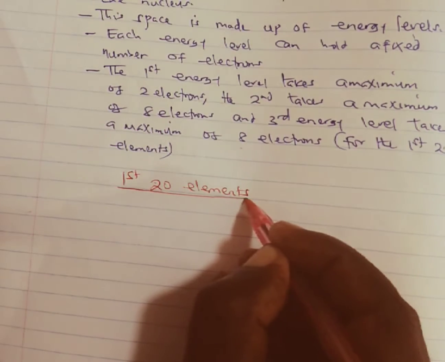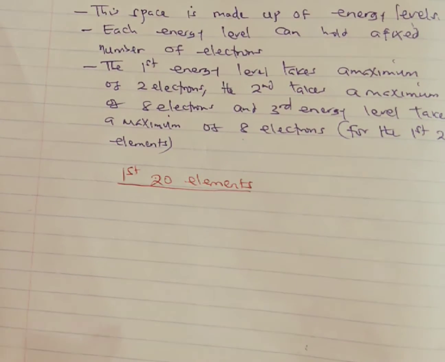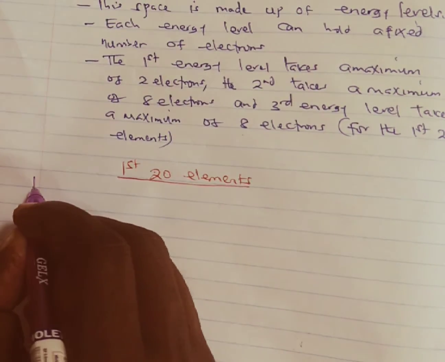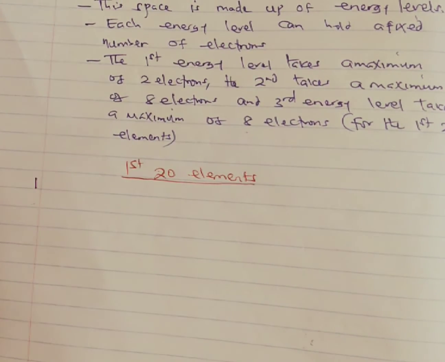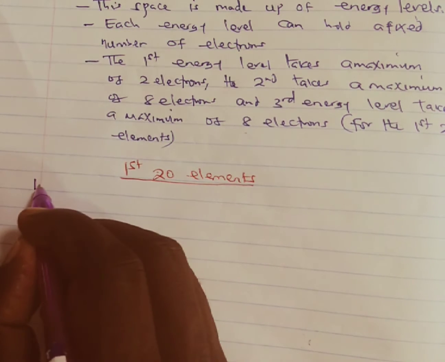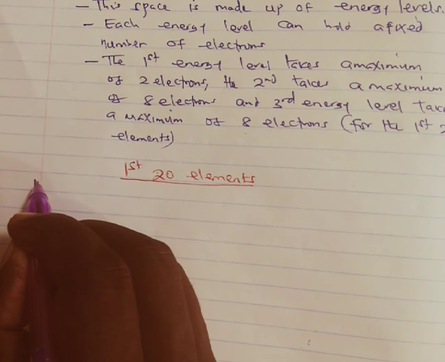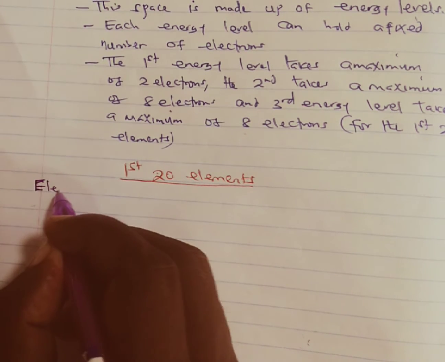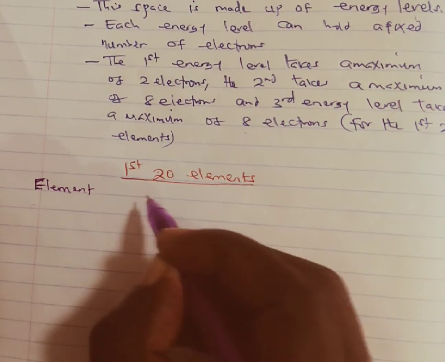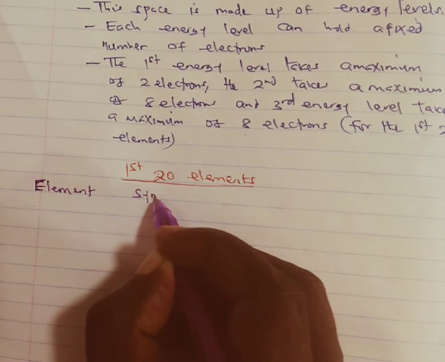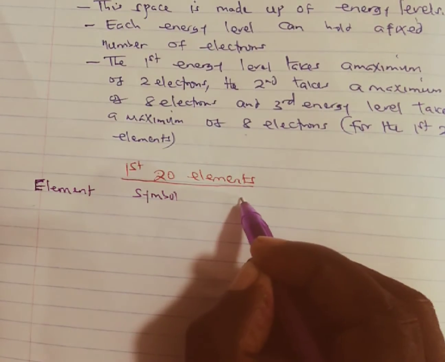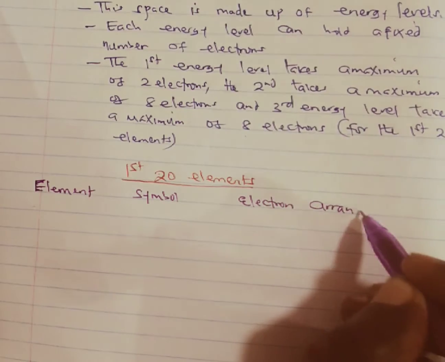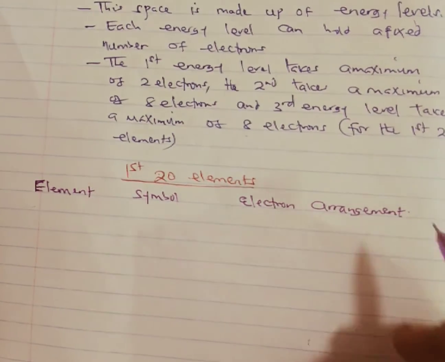Before we look at the electron arrangements, the first element, which is atomic number 1, is hydrogen. So let us have the element, then we have what we call the symbol of that element, and then we have the electron arrangement.